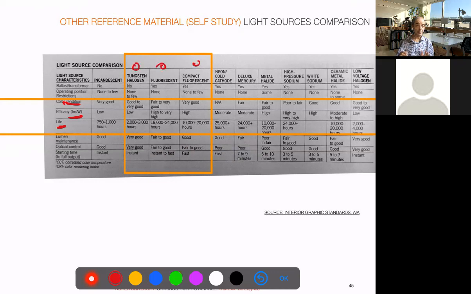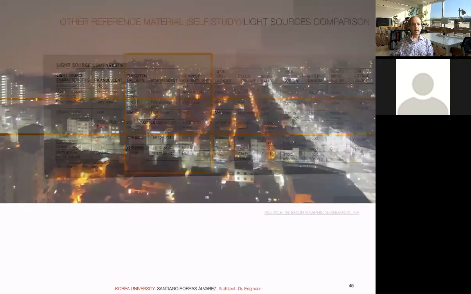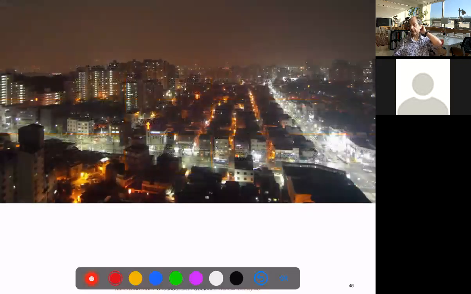This is a bit old, and there's no LED here yet. You also have the high pressure, high intensity discharge lamps, which are used mainly on streets, in urbanism, not generally inside buildings.